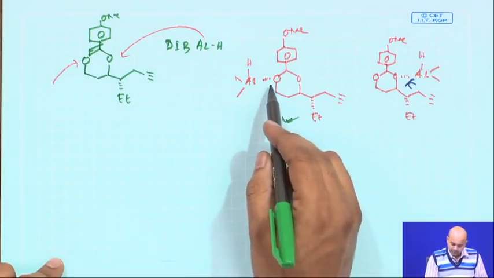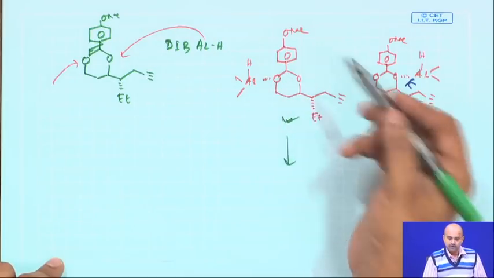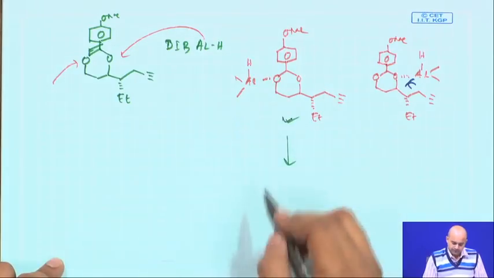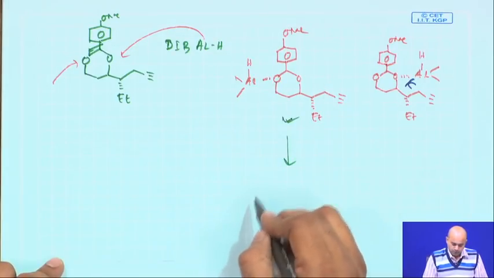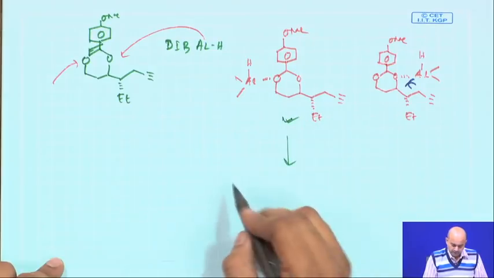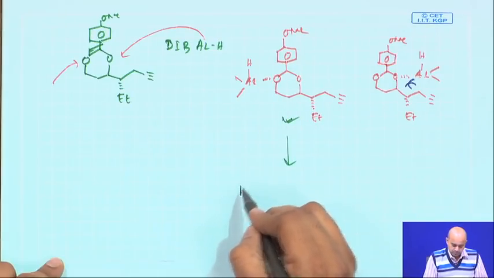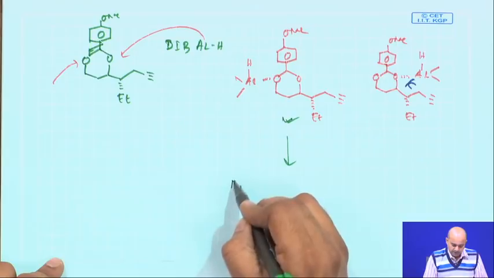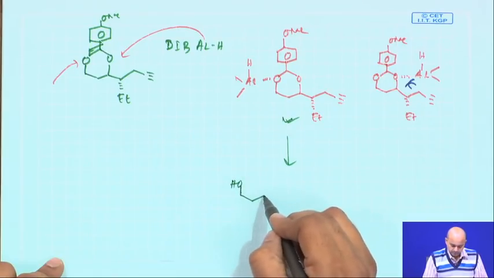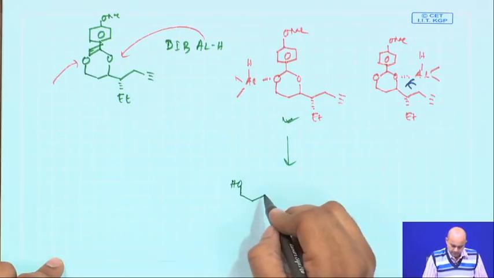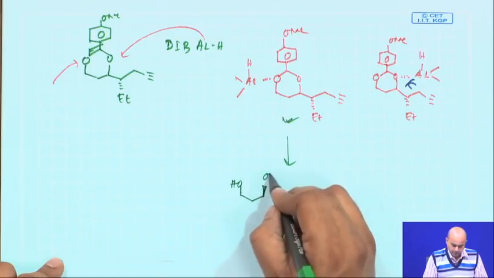As this is formed, the mechanism is similar to how these acetals are opened up. Once it opens up, you generate this compound. The stereochemistry we did not mention, but it will remain the same.